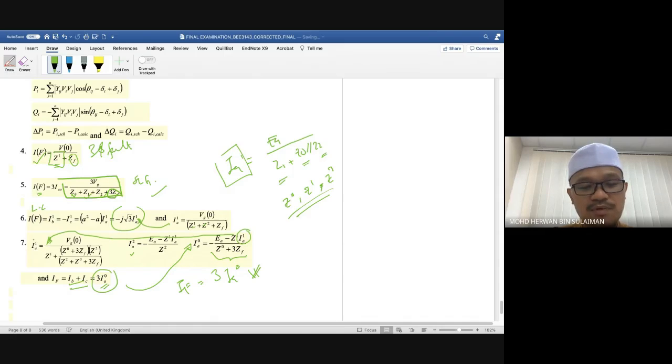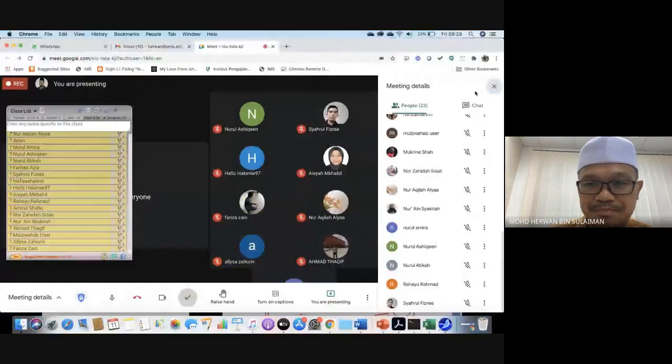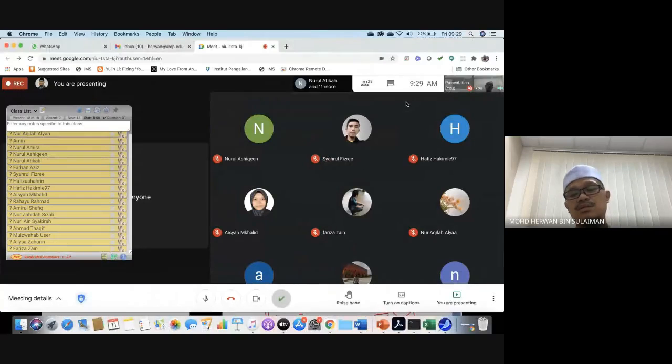Untuk double line to ground fault, saya ulang sekali lagi, you perlu dapatkan IA1, sebab dekat IA1 ni akan dikira IA kosong. Once you dapat IA kosong, baru you darab dengan 3, you akan dapat fault current. So boleh faham tak? So that is all about the fault analysis.